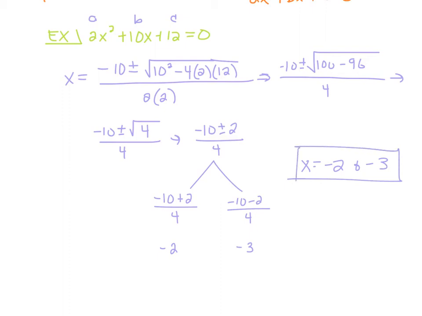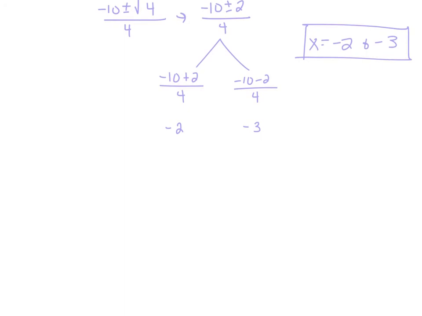Okay, we can also use this to solve quadratic equations when I am not in standard form. For example, x squared minus 8 equals 2x. Well, before I would identify my a, b, and c for the quadratic formula, I need to put this in standard form.